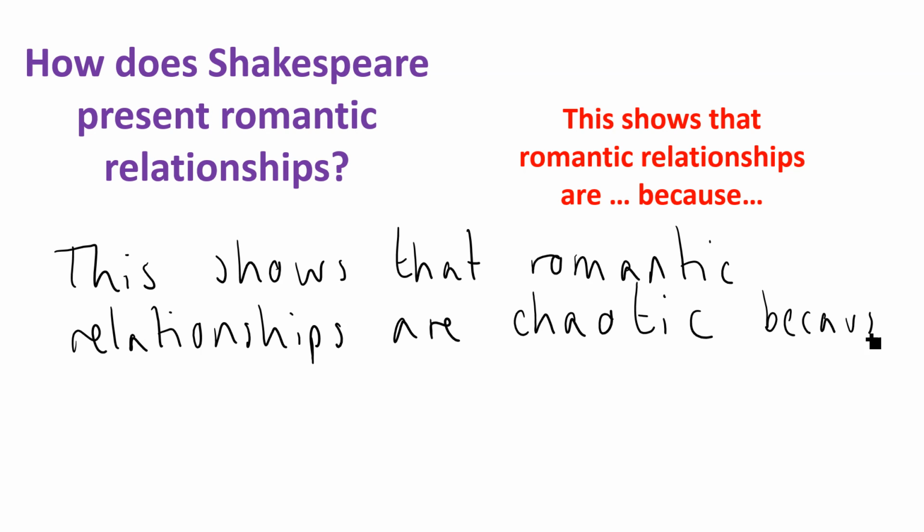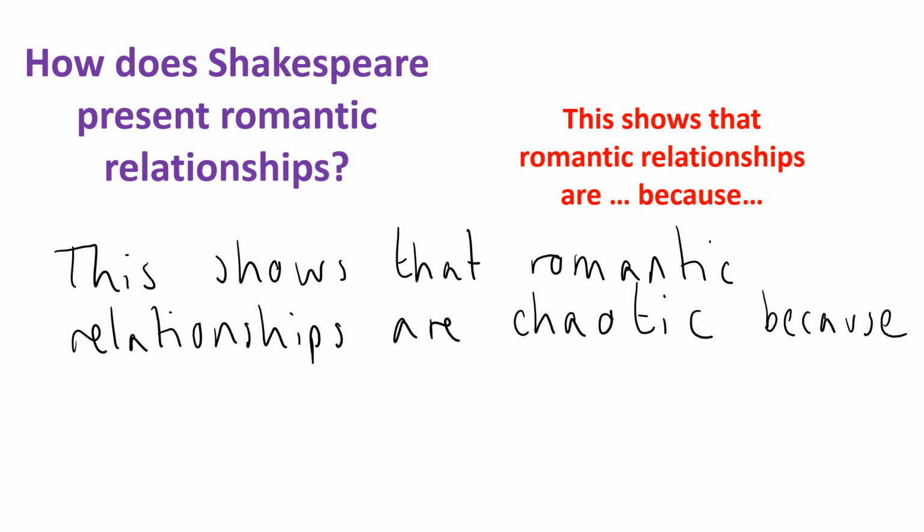Why do I think romantic relationships are chaotic? And I need to explain it based on my quote that I've chosen. So the quote from Oberon questioning Titania about how faithful and unfaithful she's been shows that romantic relationships are chaotic because, I mean, he's accusing his partner of being unfaithful in quite like a heated row.